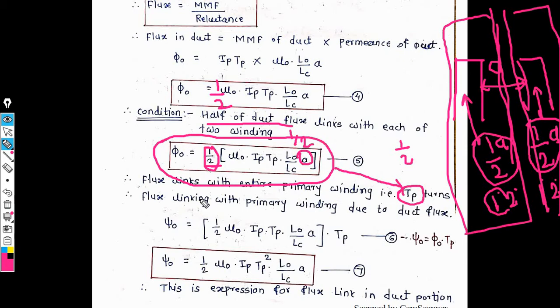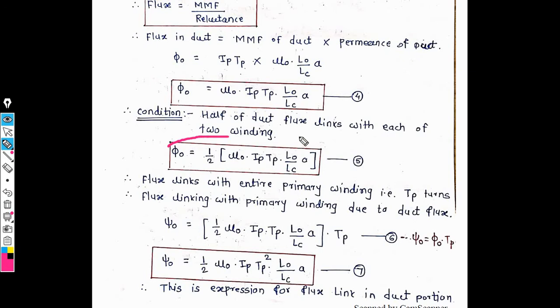The flux phi 0 is linked with the number of turns, that is psi 0 is equal to phi 0 into TP. Then the value of phi 0 is put here.